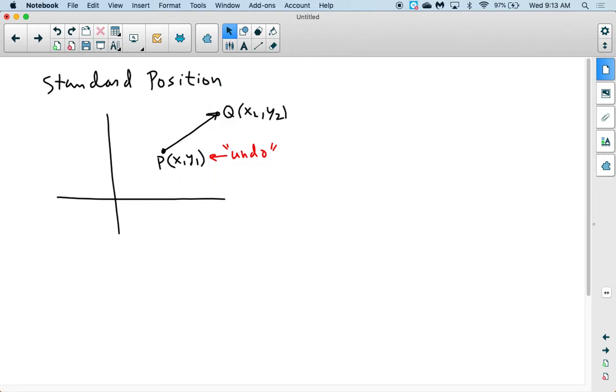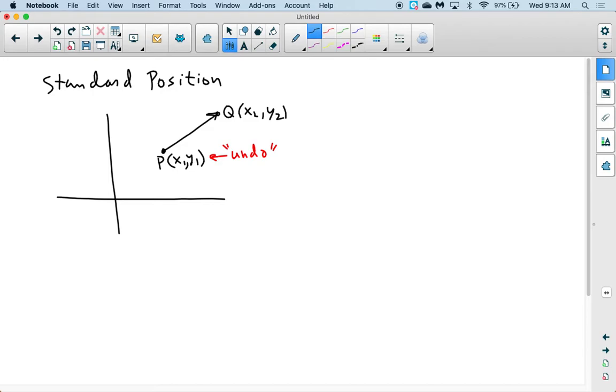Well, the way to undo it is by subtracting the x1, y1 coordinates from, in reality, all the points of the vector, but all you really need to do is subtract it from the terminal point.